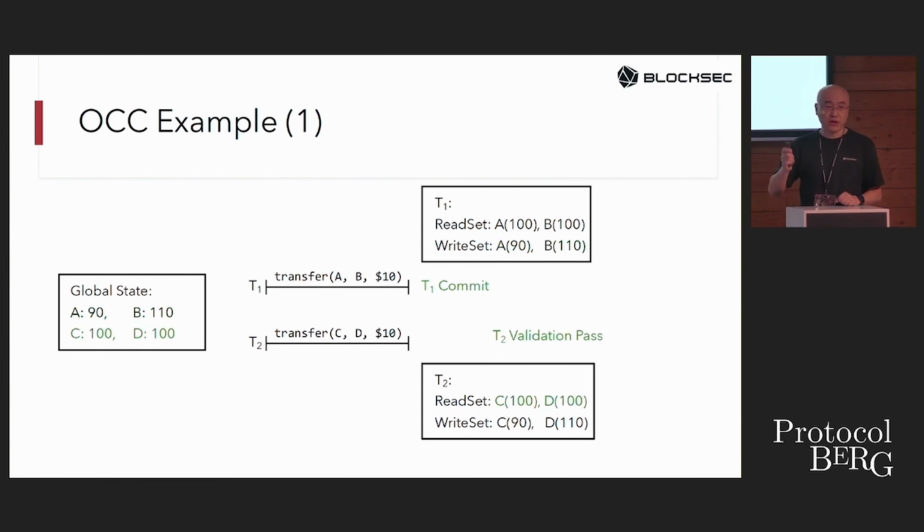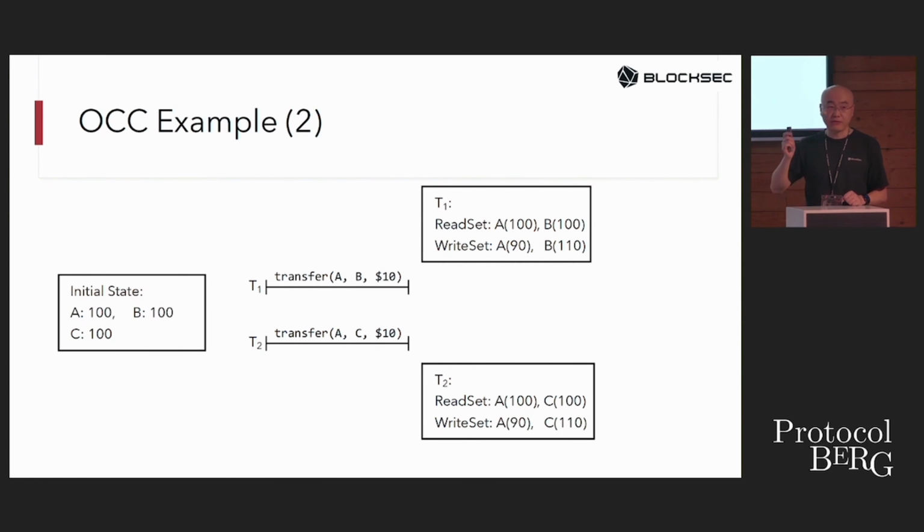For transaction T2, we also perform the validation process, and it passes, and the state change will be committed. So the state changes of accounts A, B, C, and D will be committed into the system, and they do not have any dependency.